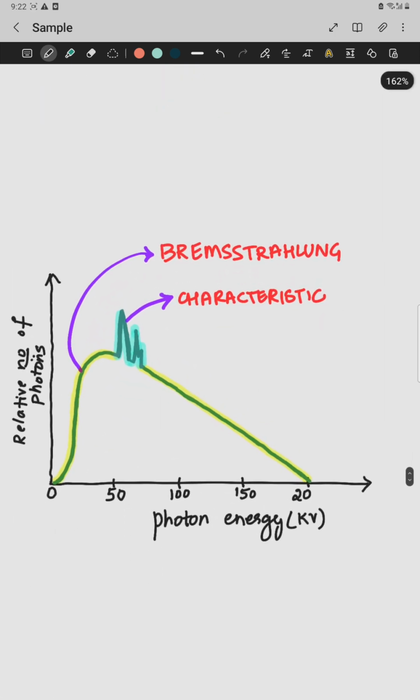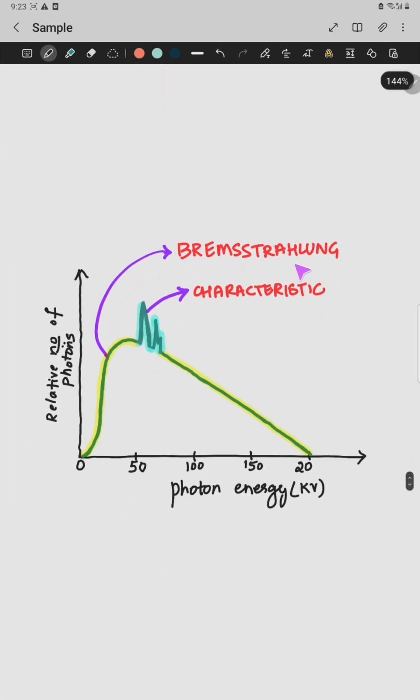Most of the Bremsstrahlung radiation can start from different energies. As I said, as it goes in different angles, the energies will differ. So this will be the photon energy on the x-axis and the relative number of photons on the y-axis. The yellow region you see is the Bremsstrahlung radiation, and the peak you see is the characteristic radiation.